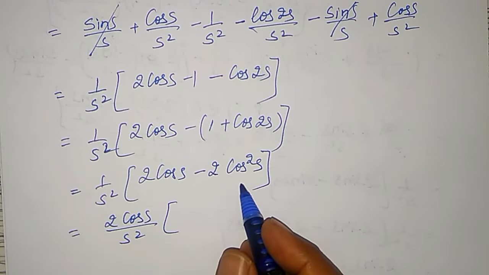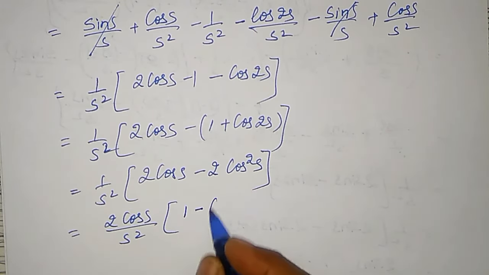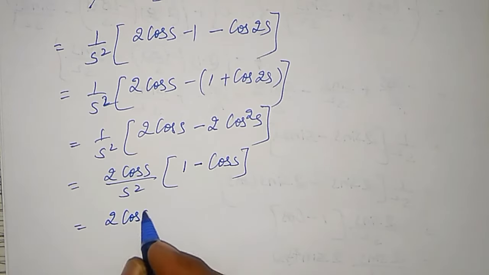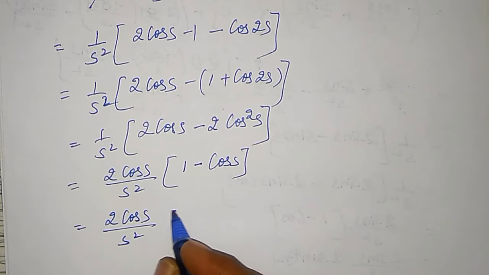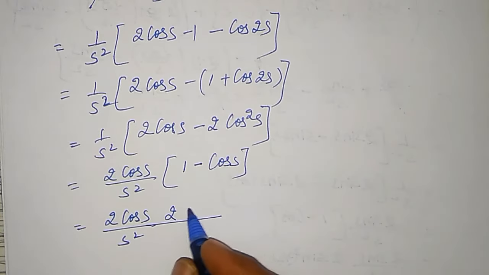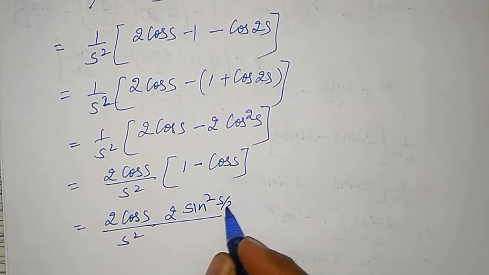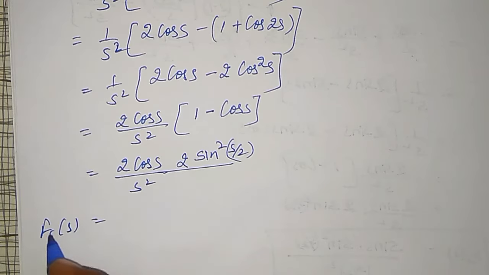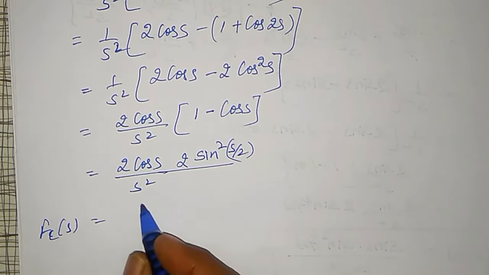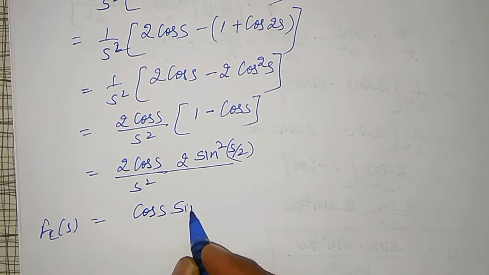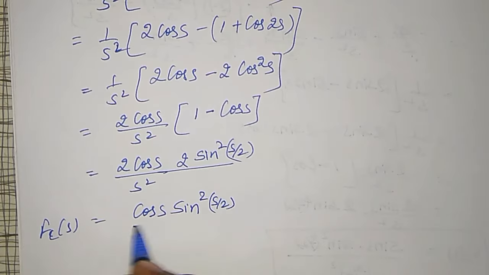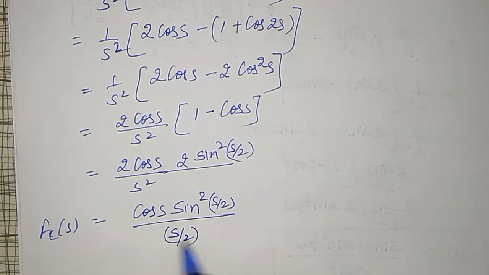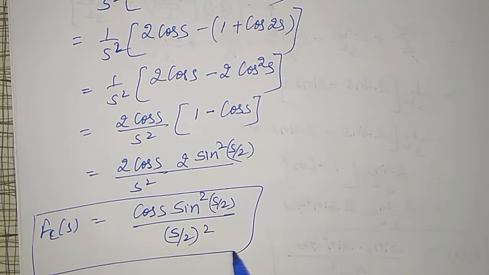After taking 2 cos s common, we will remain with 1 minus cos s. But 1 minus cos s in half angles is 2 times sin square s by 2, divided by s square, and this can be adjusted as Fc of s, the Fourier cosine transform, is equal to cos s into sin square s by 2 whole divided by s square divided by 4, that is s by 2 the whole square I can write. This is the Fourier cosine transform.